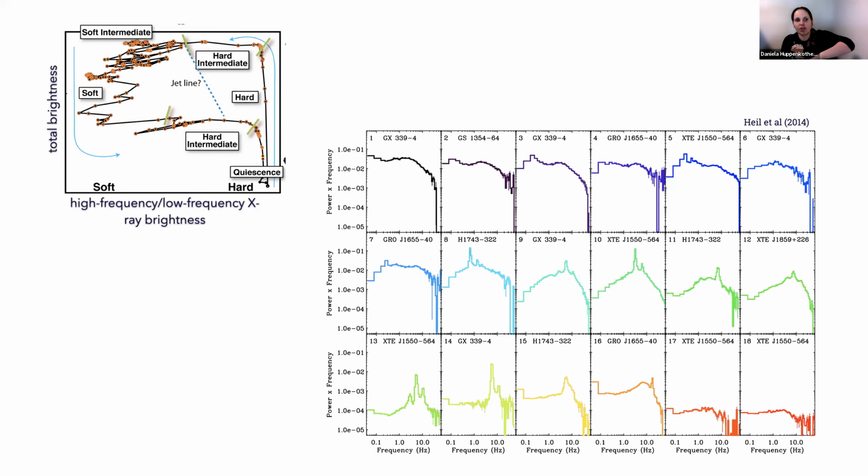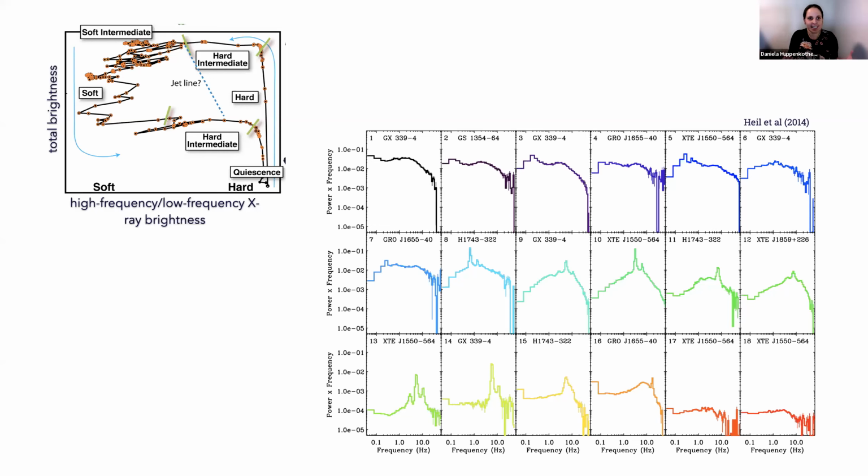And then as this source gets brighter and starts changing its spectrum, you see the appearance of quasi-periodic oscillations. These quasi-periodic oscillations also change in frequency as a function of time. They move to higher frequencies and they get much stronger. And then as you're in the soft state, they go away and the level of variability drops very sharply.